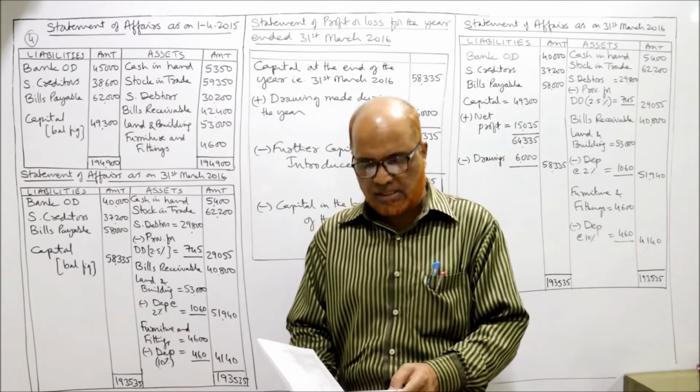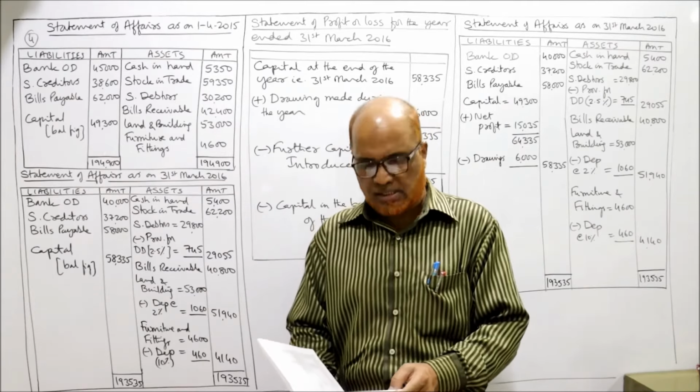So we are given the data on 1/4/2015 and 31st March 2016. 1/4/2015 means beginning of the year and 31st March 2016 end of the year. So we are given all the assets and liabilities. Cash in hand, bank overdraft, this is a liability. Stock in trade, asset.